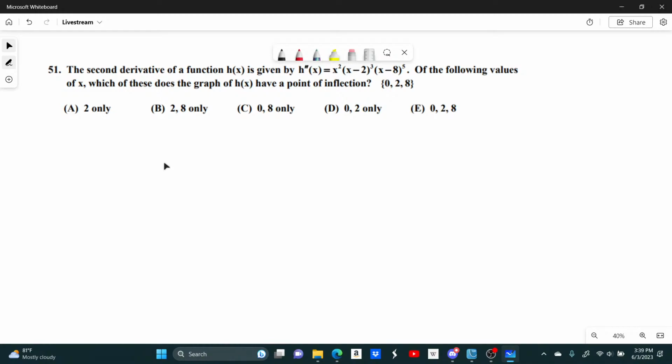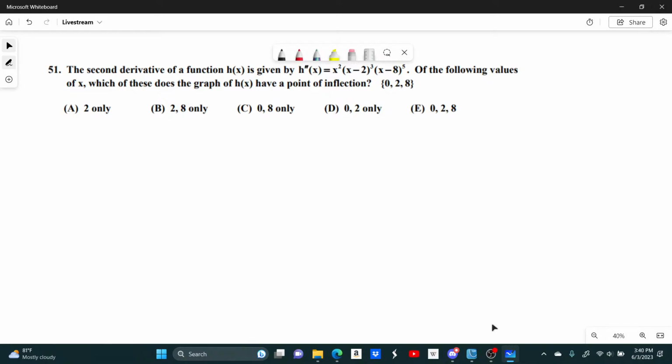Okay, so this is a little bit of an uncommon concept. Usually when you say, what's the point of inflection, you say, when is the second derivative equal to 0? But in reality, the point of inflection is when the concavity changes, right? It changes from positive to negative or from negative to positive, right?